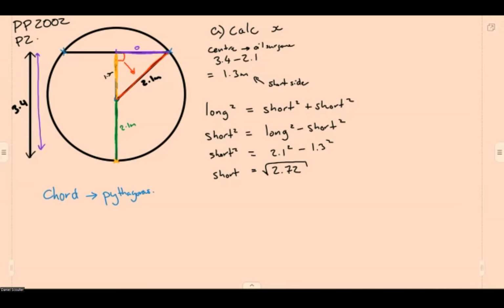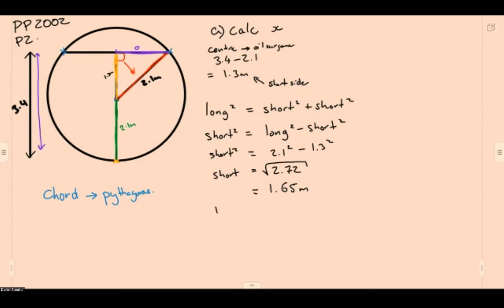The short side we're left with is just the root of that answer, leaving us with 1.65 meters. So that short side, that purple side, half of the chord, is 1.65 meters.